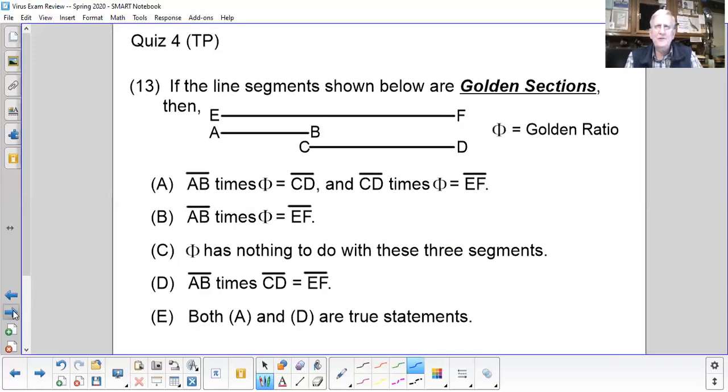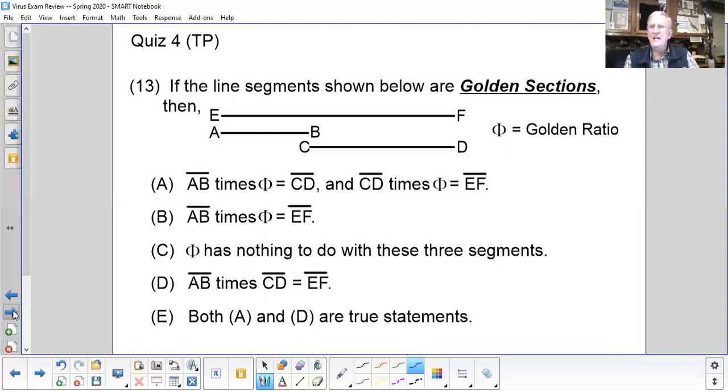The line segments shown below are golden sections. Then what must be true? Well, first of all, look at C. Phi has nothing to do with these three segments if they're golden sections. We know better than that. Look at D. Does AB times the length of CD equal EF?